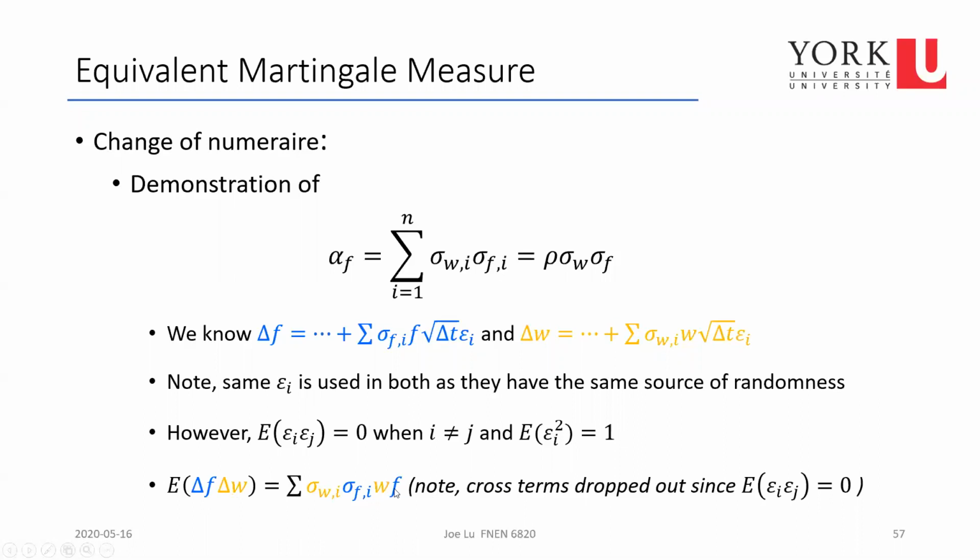You should actually have a whole bunch of cross terms, but the cross terms dropped out. So the expectation here is just this straight factor here. So there's no something times I times J there.